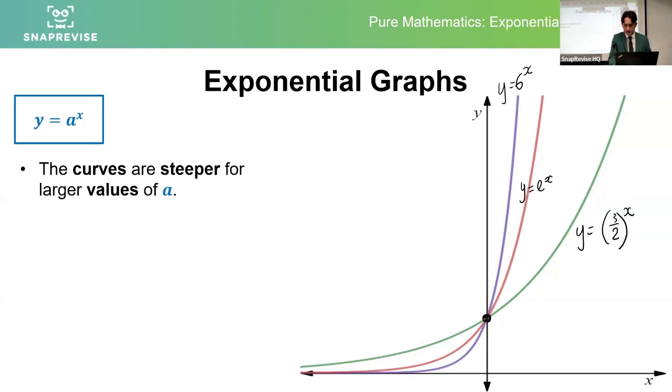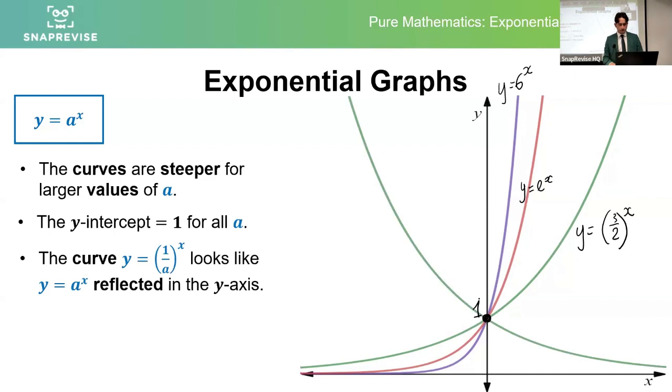They're all pinned in position at (0, 1), because of course anything to the power 0 will equal 1, which is the y-ordinate. So (0, 1) will always be a coordinate pair that satisfies all of these. And also they'll all tend towards the x-axis on the left-hand side. So they will have a y-intercept equal to 1 for all values of a. That one will be a reflection, like we mentioned.